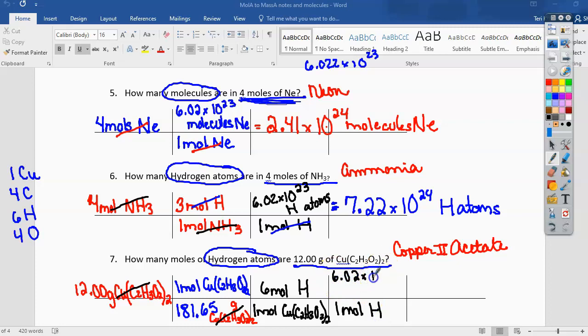And I know that there's 6.02 times 10 to the 23 hydrogen atoms in 1 mole. So you have 12 times 1 divided by 181.65 times 6 times 6.02 EE23, and you get 2.39 times 10 to the 23rd hydrogen atoms.